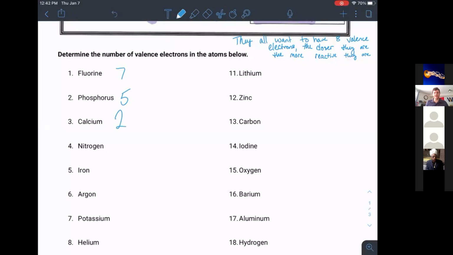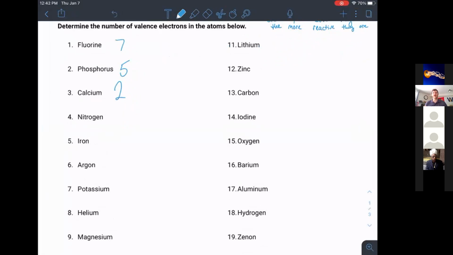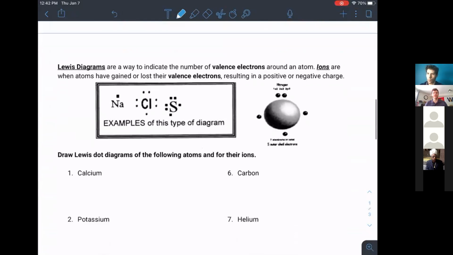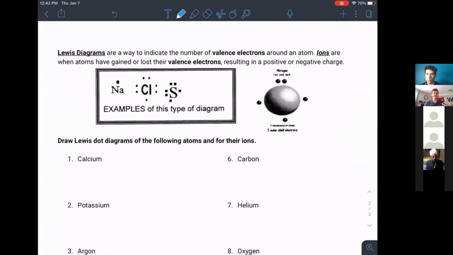I'm going to leave the rest of them for you guys, but I do want to go down to the next section real quick before I let you work on your own. So we're talking about Lewis dot structures, just something else I want to refresh you on because I don't want you to forget anything. The Lewis dot diagrams, or Lewis dot structures, are ways we indicate the number of valence electrons around our atom.